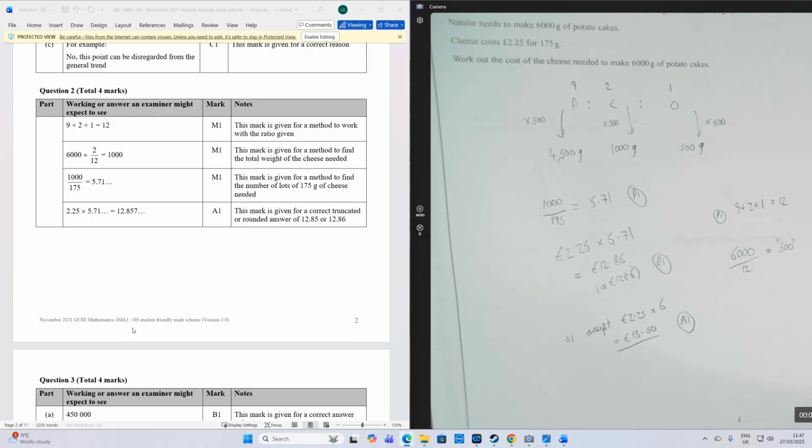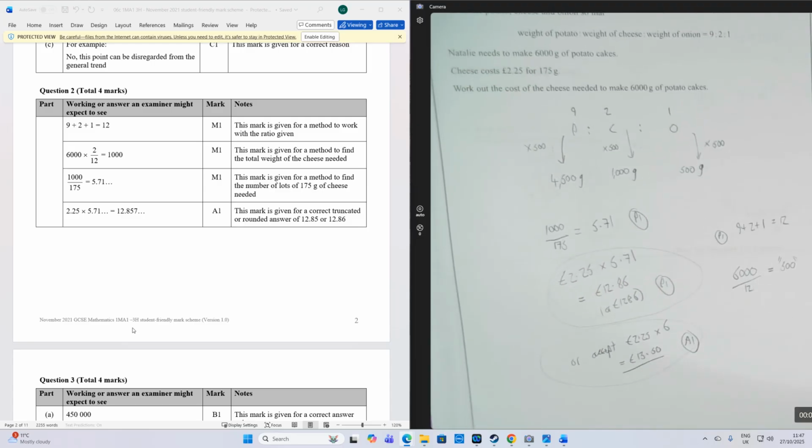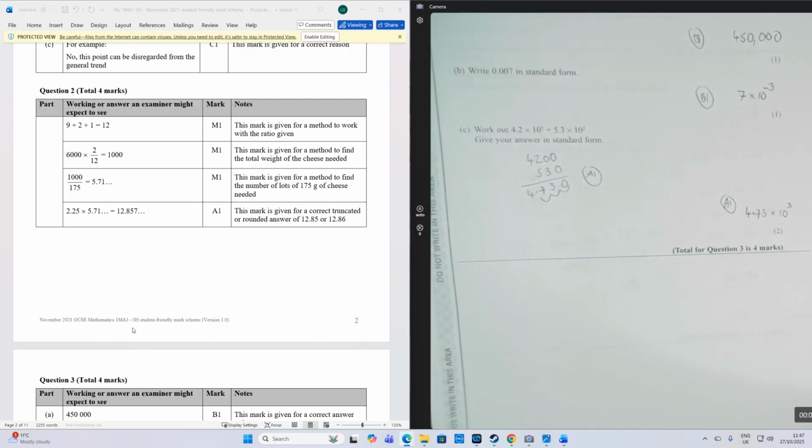But in, for example, a supermarket where you can only buy them in packs of 175, you'd have to buy 6 packs. So for that reason, they also accept 2.25 times 6. Because the question wasn't really clear, they would accept either answer. They're giving us either £12.86 or £13.50.